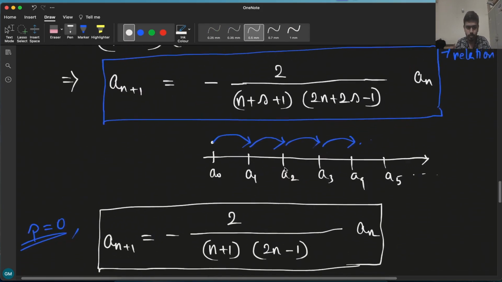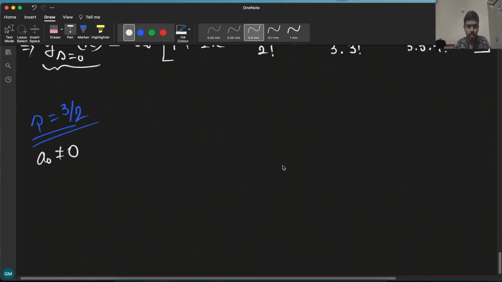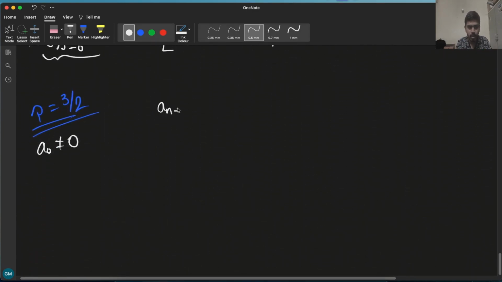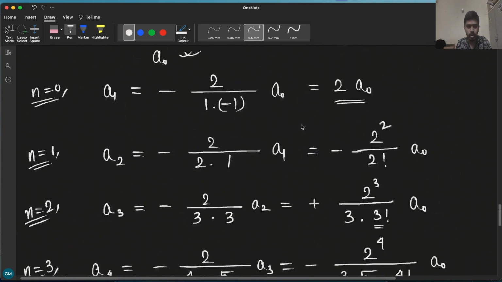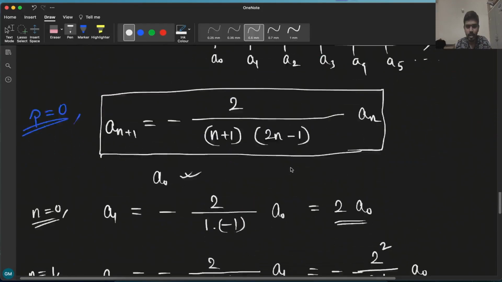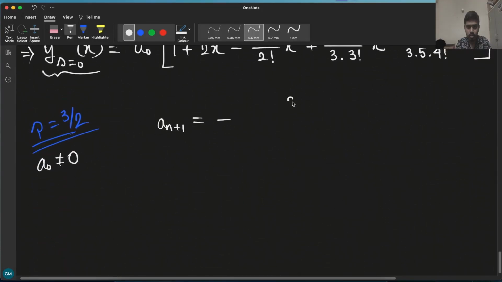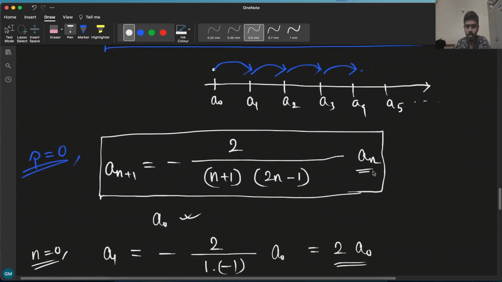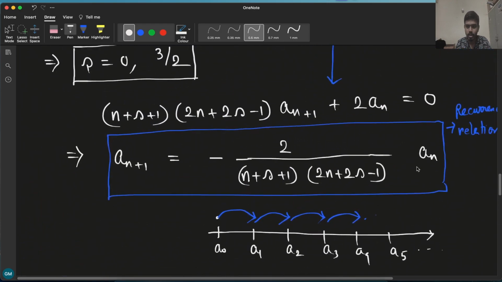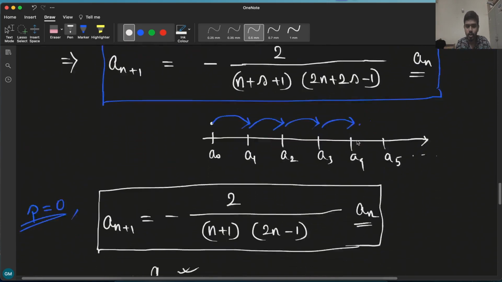Good. So the recurrence relation is an plus 1 equals minus 2, let me check it again, 2 divided by n plus s plus 1, and there is an sitting here, and 2n plus 2s minus 1.